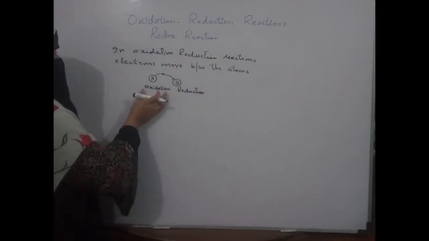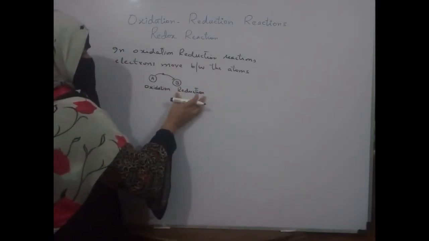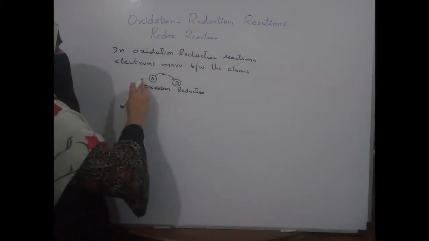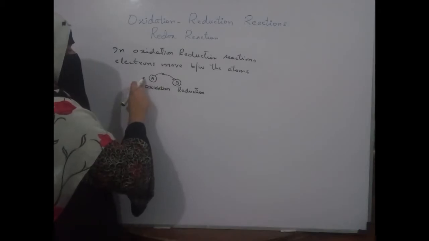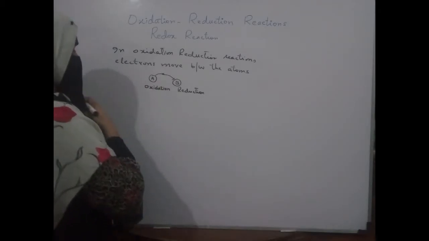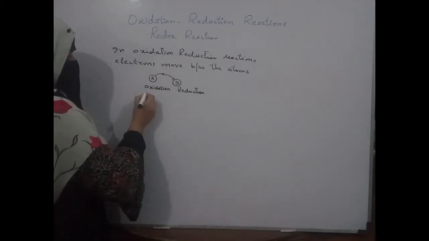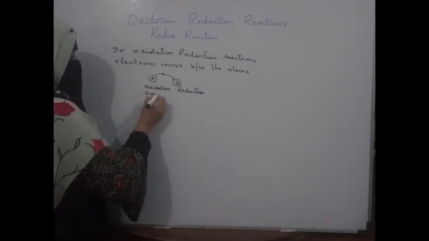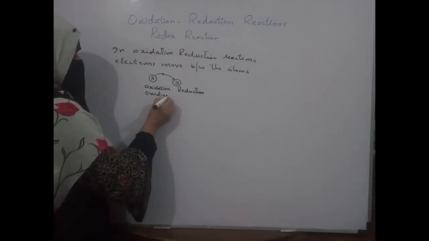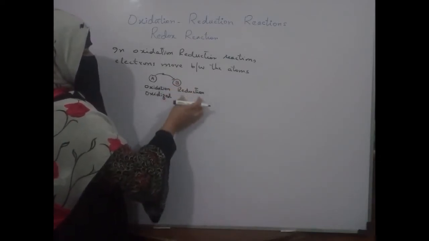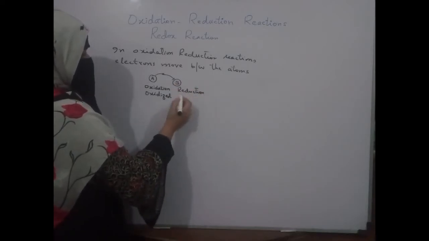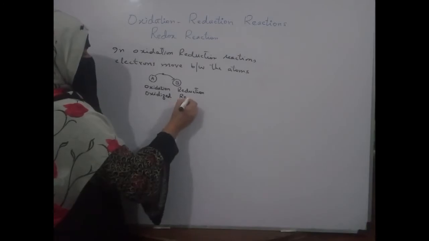We can modify these terms oxidation and reduction in such a way that as atom A is giving electron, or as atom A is undergoing oxidation, so atom A is oxidized. And as atom B is undergoing reduction, so we can say that atom B is being reduced.